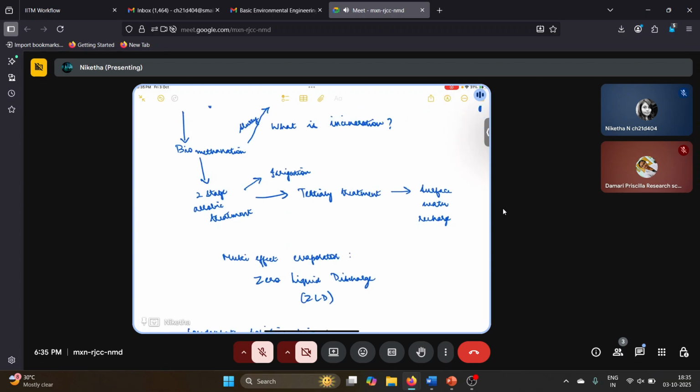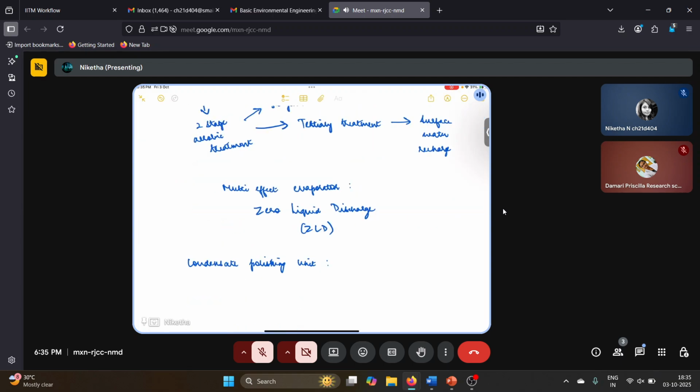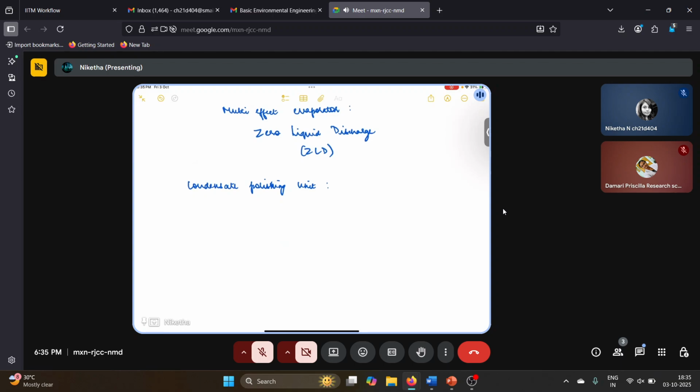So what happens here is the condensate will come to an equalization tank. Condensate means anything that requires to be condensed. So the condensate will come to an equalization tank.